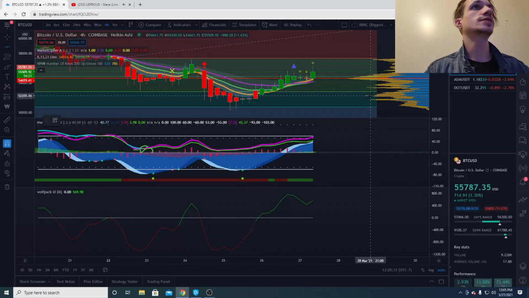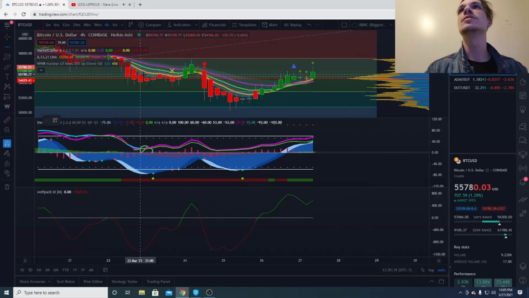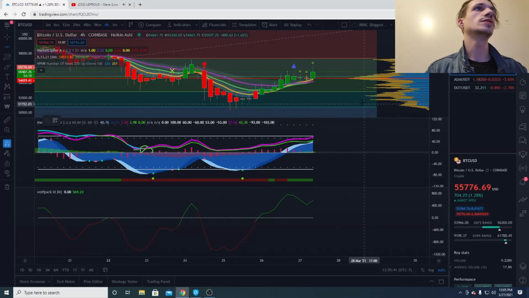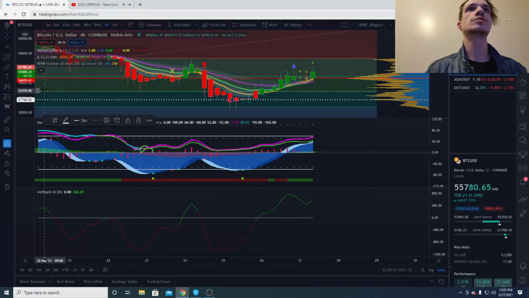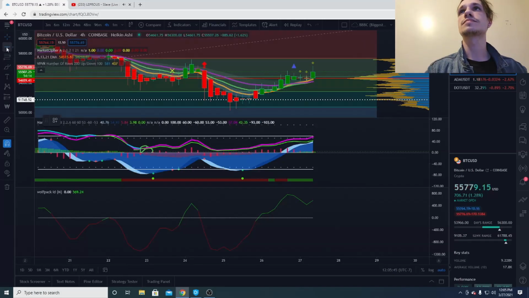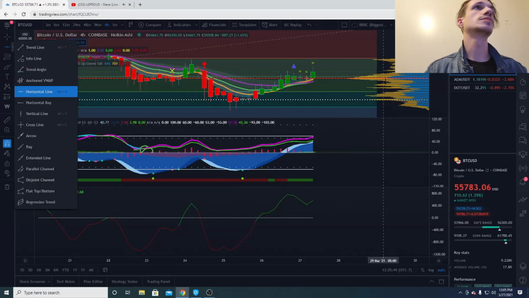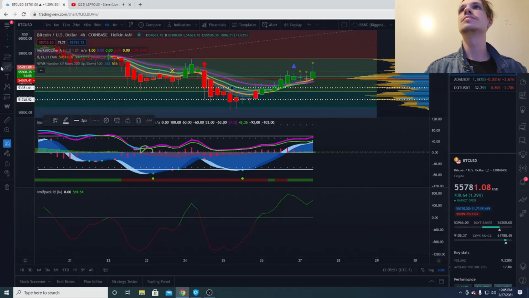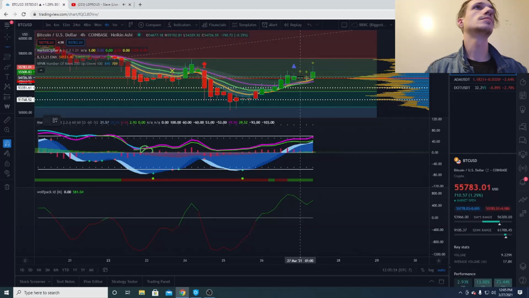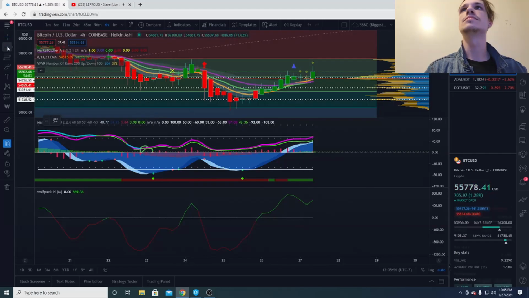So you see where it has these big peaks hanging off? You want to grab your horizontal line, and you want to throw your horizontal lines on these big peaks. Boom. Boom.